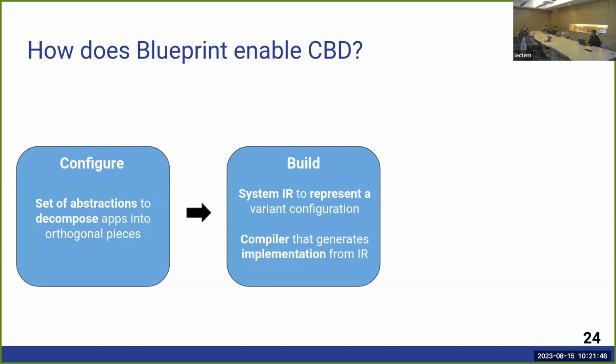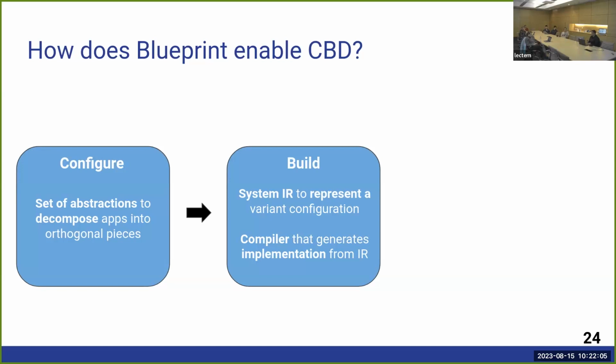With the compiler IR, we have a system IR that represents the variant configuration that's provided. It's an intermediate representation that represents what the system should look like without actually instantiating the system yet. That's the job of the compiler.